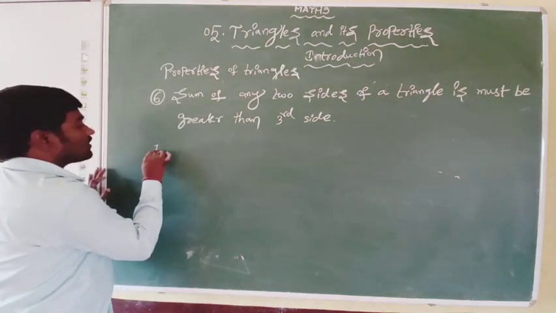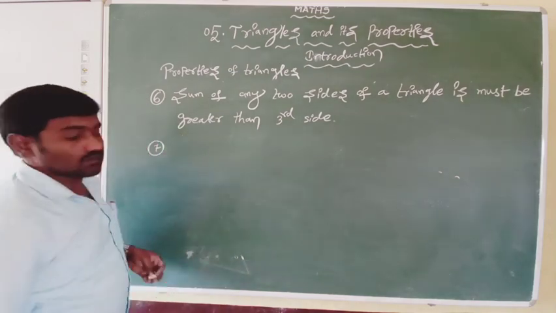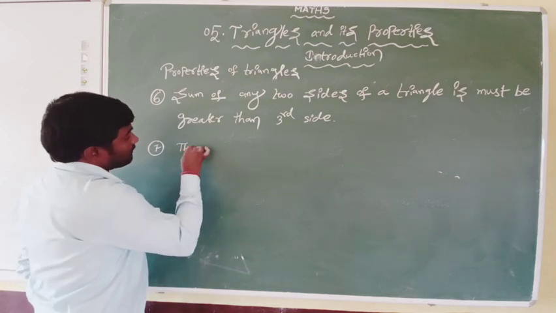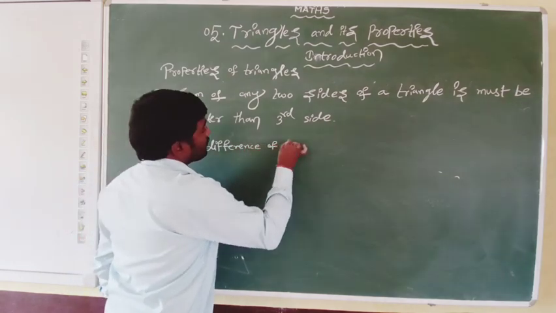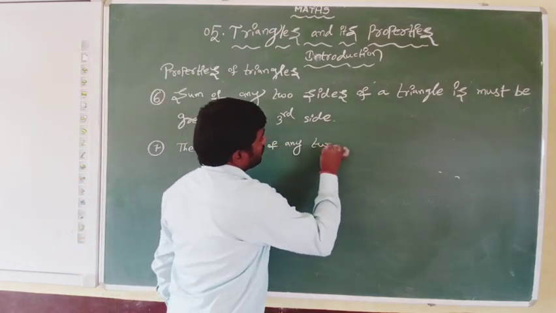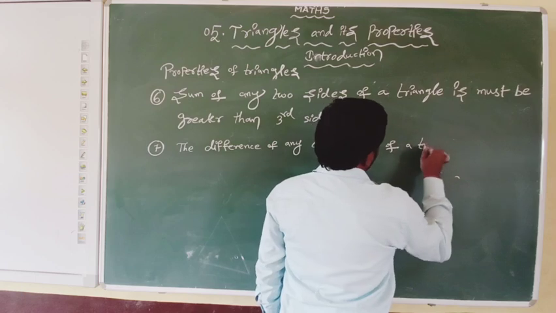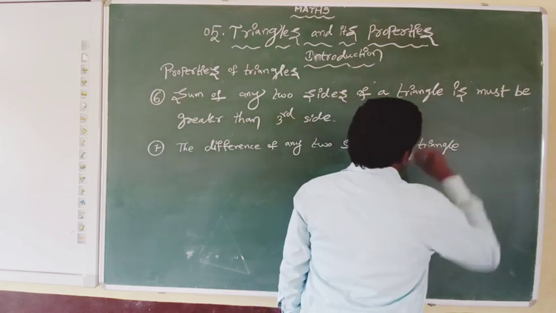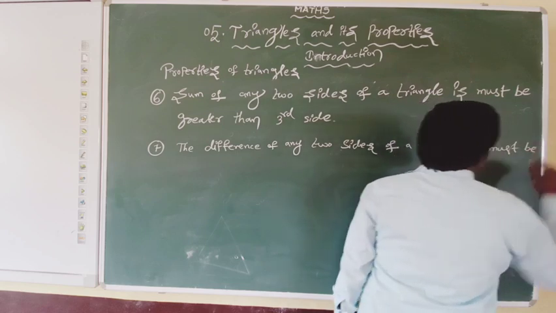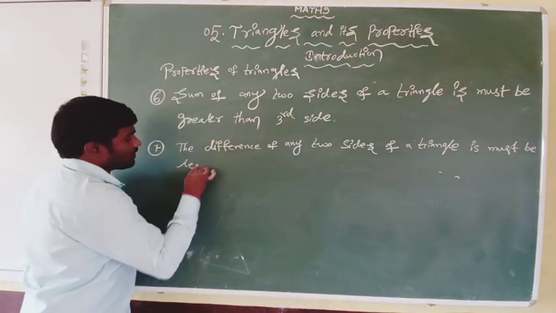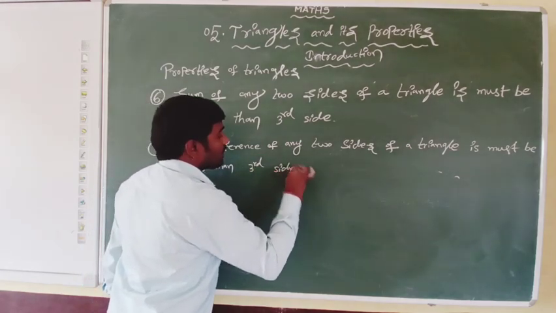The next thing I will write is the converse of this. The difference of any 2 sides of a triangle must be less than the third side of a triangle.